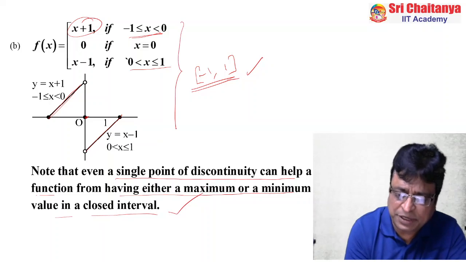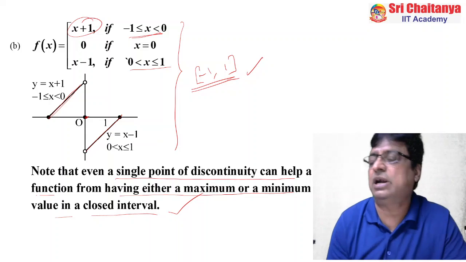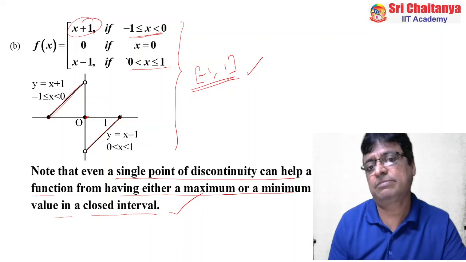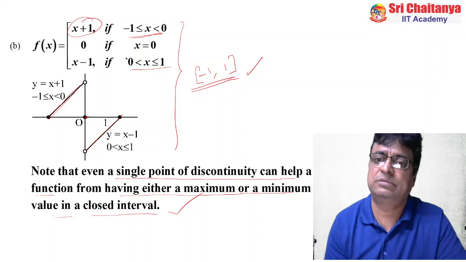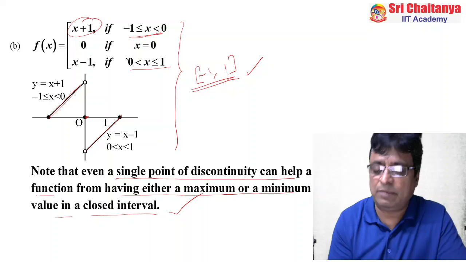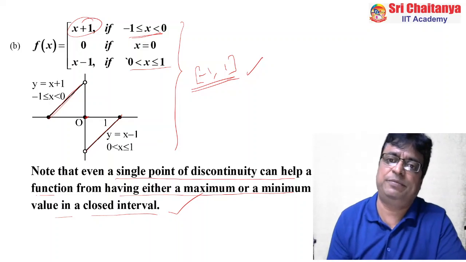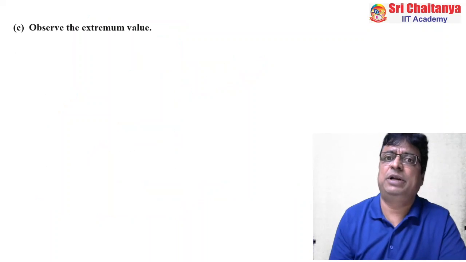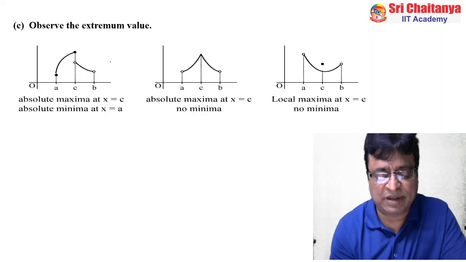Based on this particular type of model, questions were repeated and asked in the advanced examination, not in mains. That's why I am focusing more. You collect this kind of examples. You gather them. These kinds of examples are available in our material, and moreover in the books that I suggested in our previous video. And coming to extremum values, see, this is the graph.